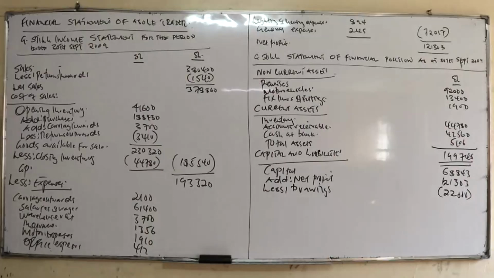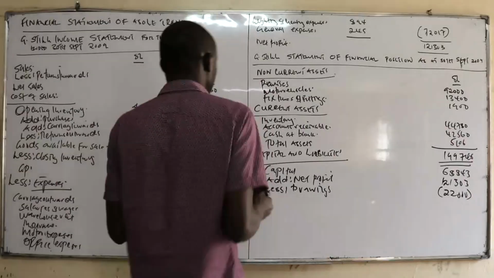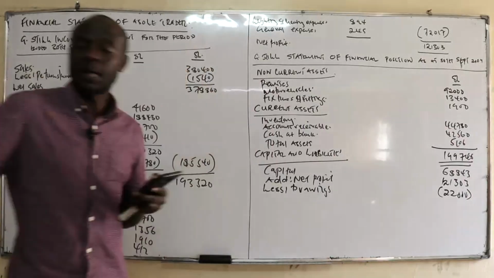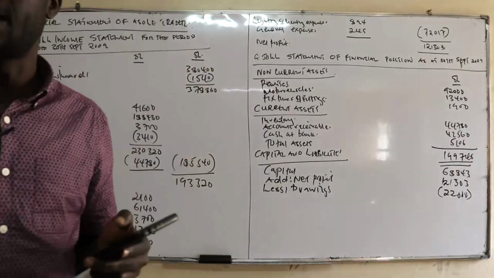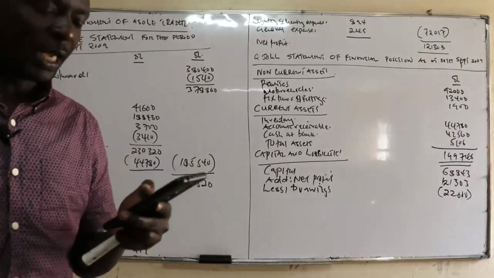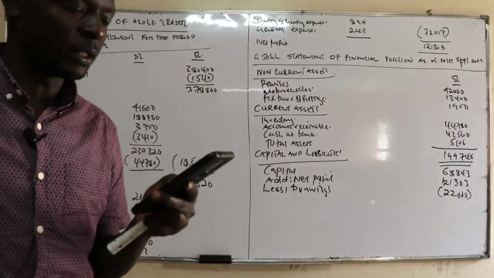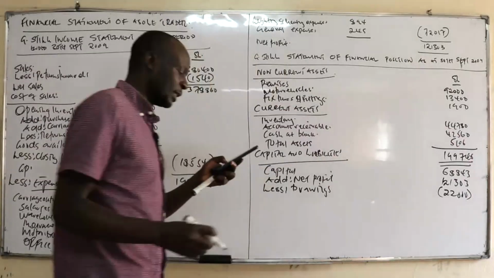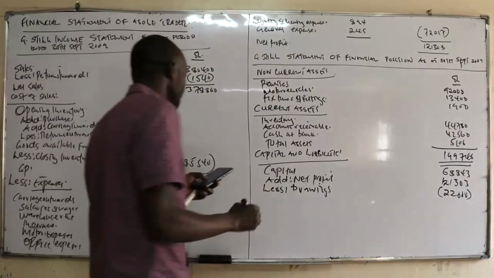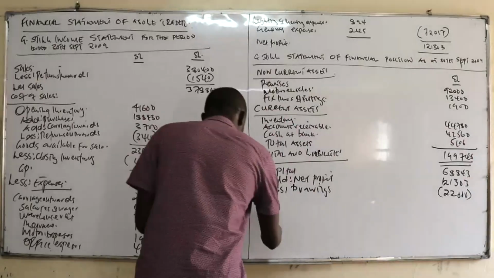Non-current liabilities are those that take a longer period to repay, like a loan, more than one financial year. If it is in the trial balance, you itemize it first before you go to current liabilities. Current liabilities are those that take a shorter period to repay, within one financial year.